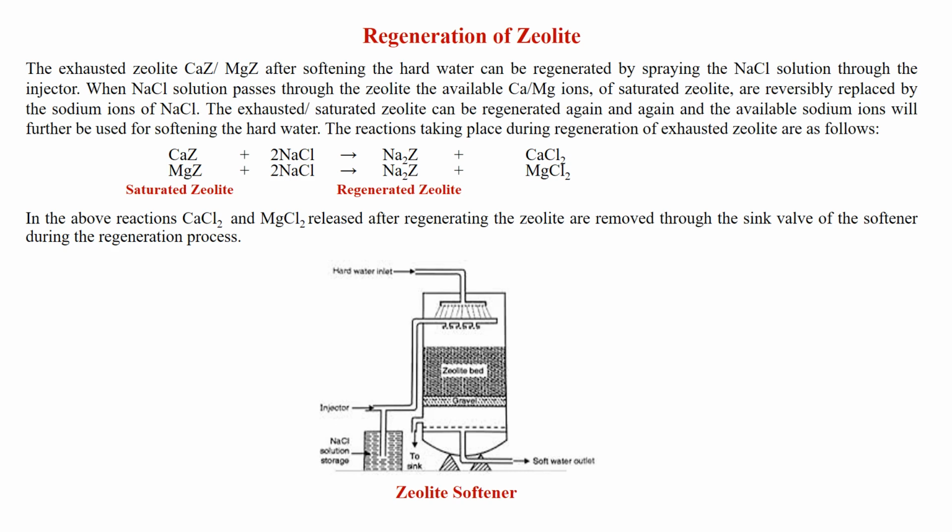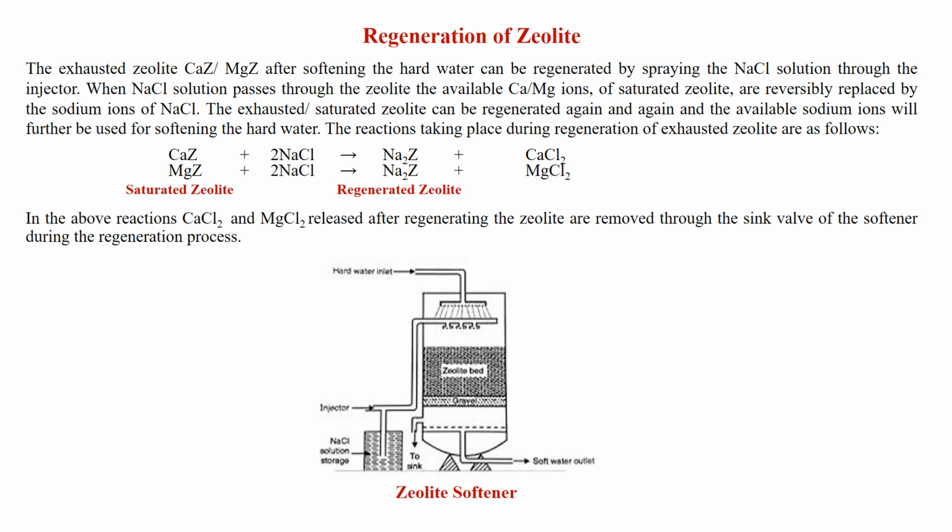The sodium ions are replaced by the hardness causing calcium and magnesium ions of the hard water. When the zeolite bed gets saturated with the hardness causing metal ions, the supply of the hard water is stopped, and through the injector, the brine solution, the NaCl solution, is sprayed over the exhausted zeolite bed.